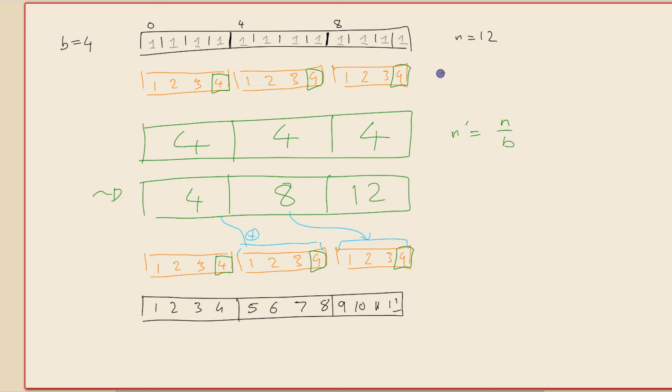So this takes b time, because we use the sequential algorithm for computing the prefix sums within each block. And same in this one, that's even easier. We just add a fixed number to each element in the block. That is another time order b.